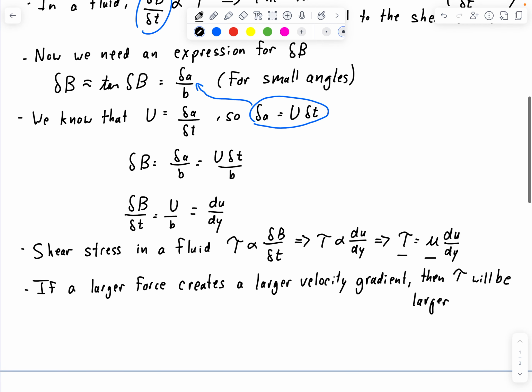And one final note here, relating this back to solid mechanics.